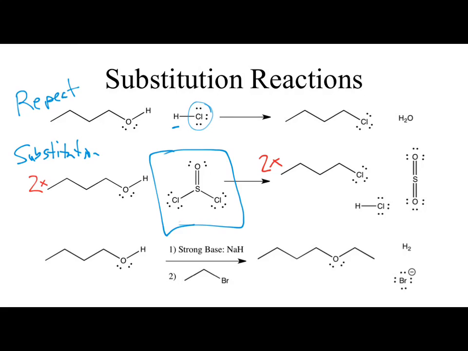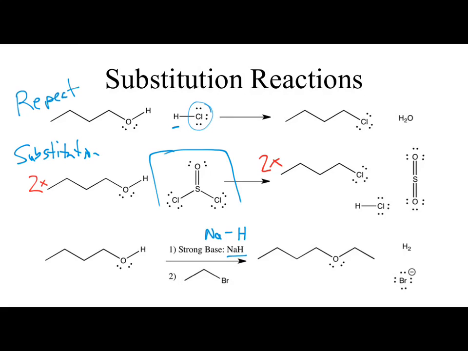Okay? The last reaction on there is also a substitution. It's a little bit different because we're going to start off with a strong base. So what's the reactive species in that case? Take a look at that compound, NaH. Be a little bit more specific with it.